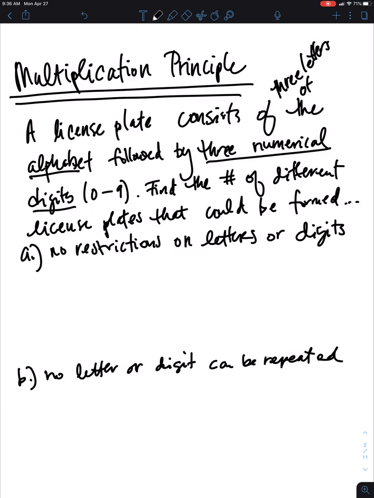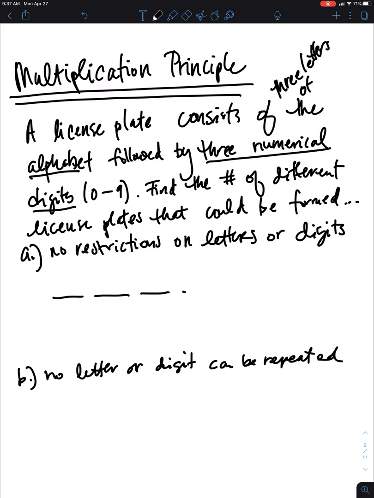Find the number of different license plates that could be formed. The first thing we want to note is there are no restrictions on letters or digits. That means you could have A, and then 1, 1, 1 if you needed to. So let's make blanks here. We've got 1, 2, 3.